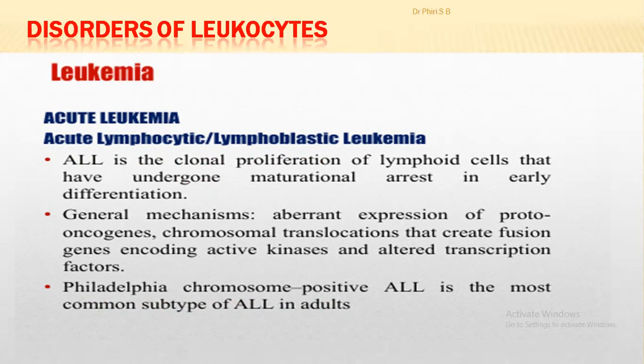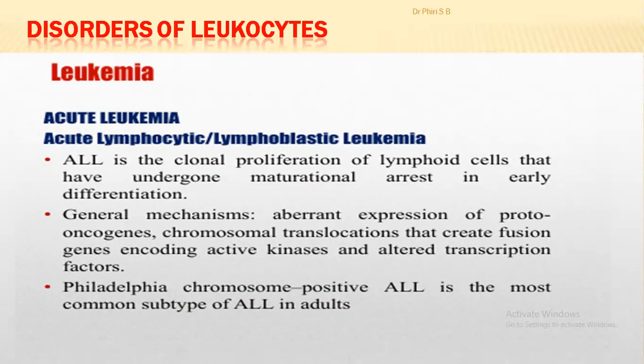Because of that, you don't have these lymphoid cells developing into B lymphocytes, T lymphocytes, or natural killer cells. So you're going to have an acute lymphocytic leukemia, a failure for the lymphoblast to differentiate into the mature cells.